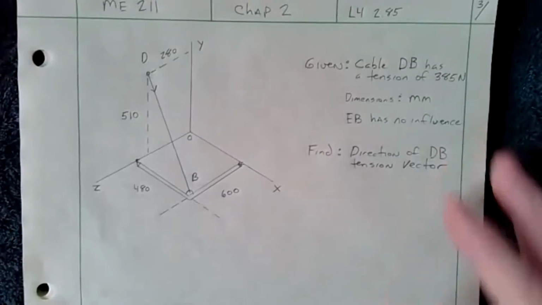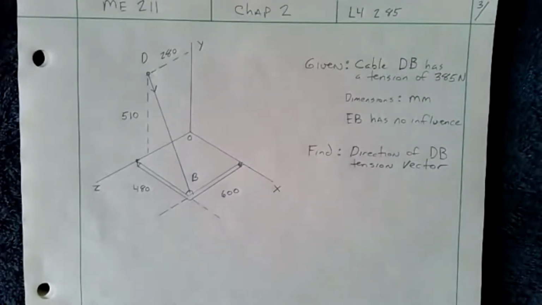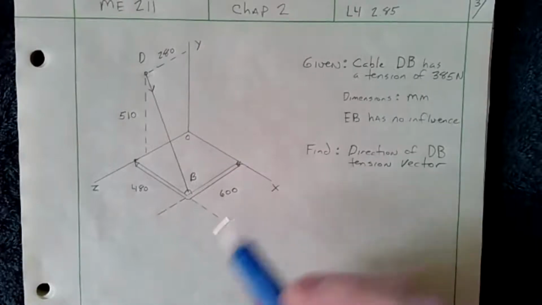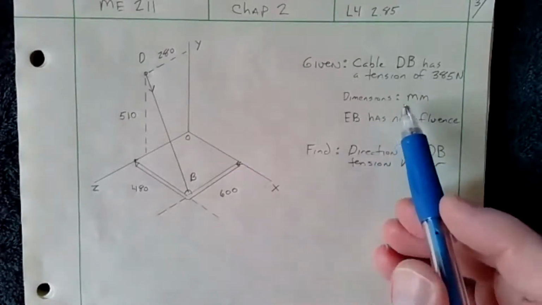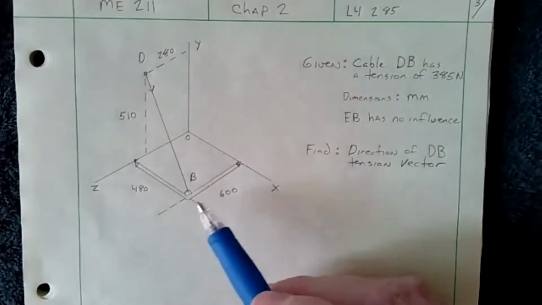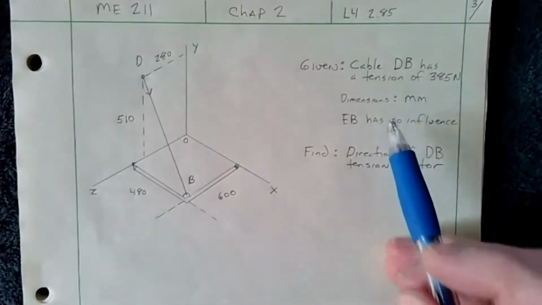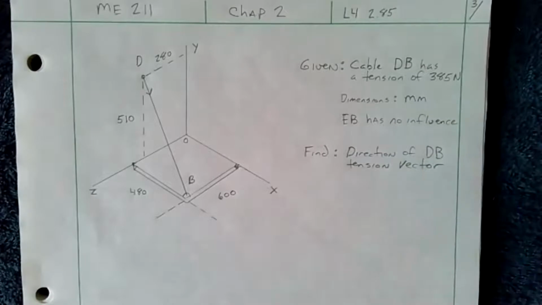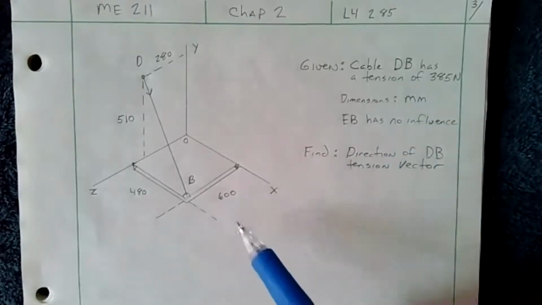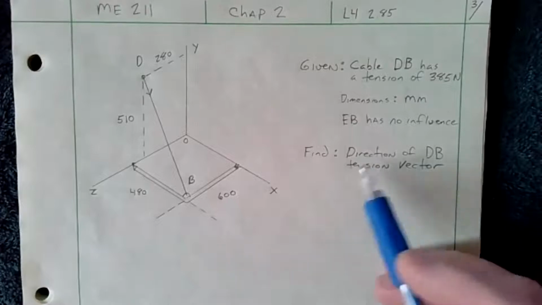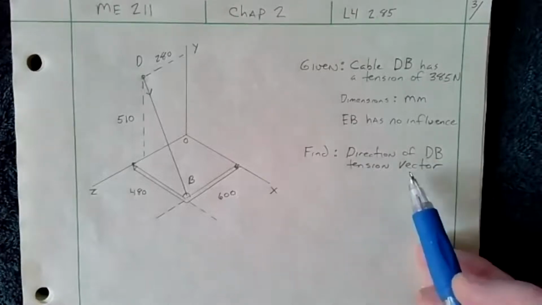So here we have our sketch. I've drawn our sketch with our dimensions. Sometimes it's easier, depending on the complexity of the sketch, to just say dimensions are millimeters, forces are newtons, and that way you don't have to worry about putting that on there. So we're trying to find the direction DB, that tension vector.